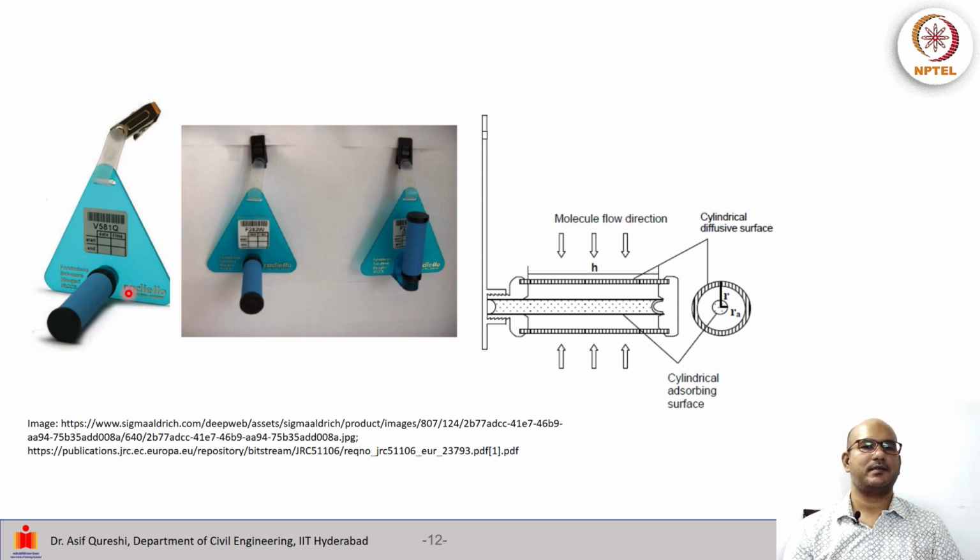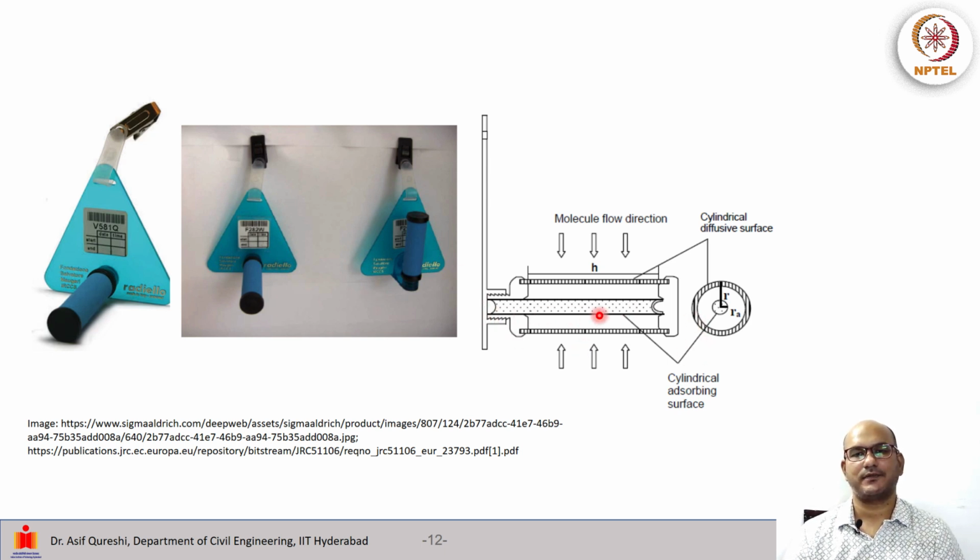This is the holding stand or holding hanger for the sampler, and the sampler is the cylinder itself. Here you see it is attached to a wall, and this is our sampler which is extended through the holder.